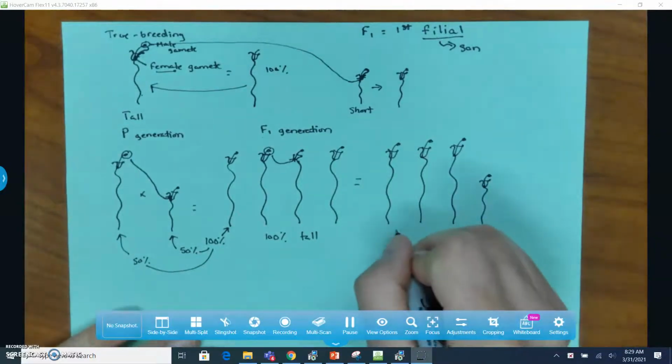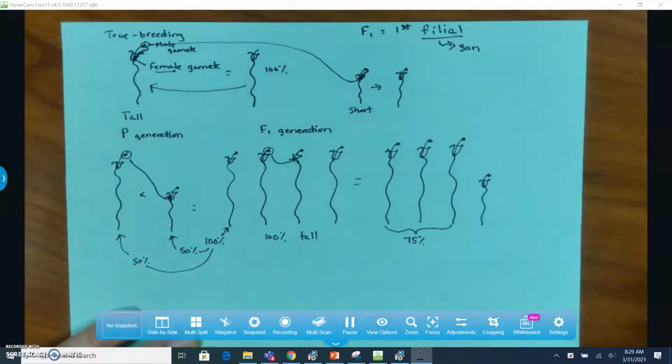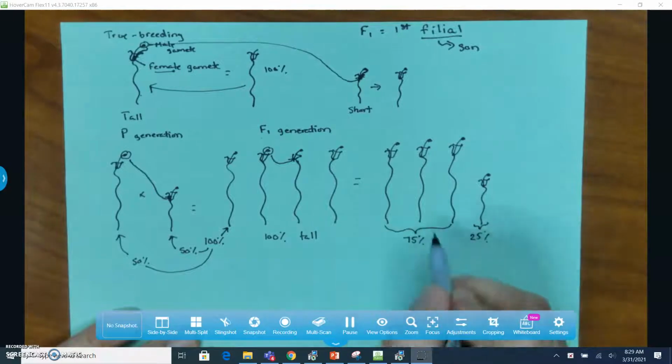So he had 75% still tall, but he did have 25%, or 1 out of every 4 plants, turn up short.